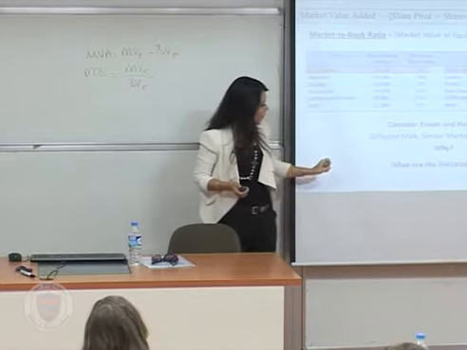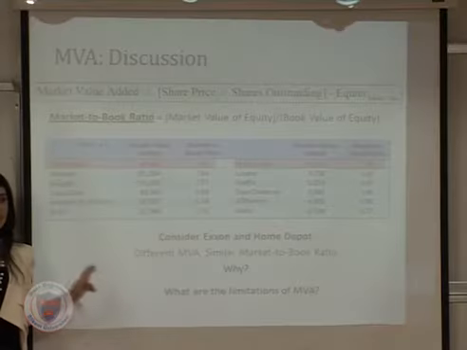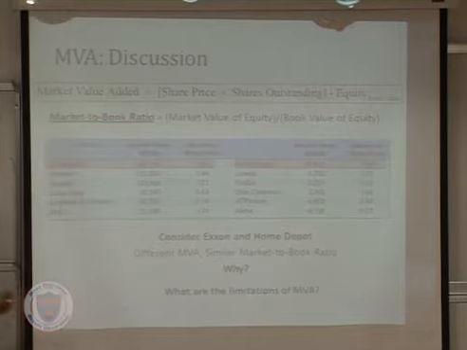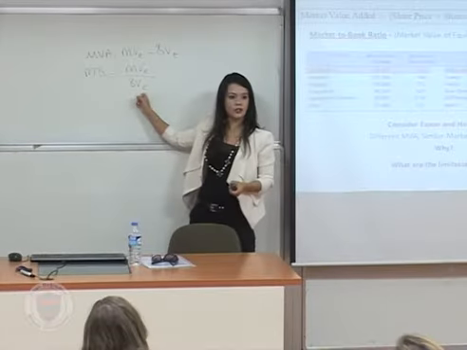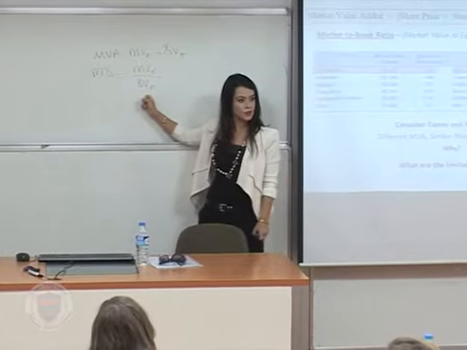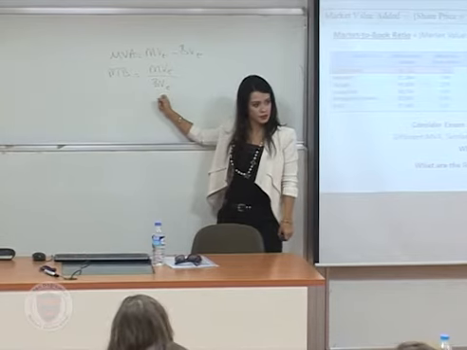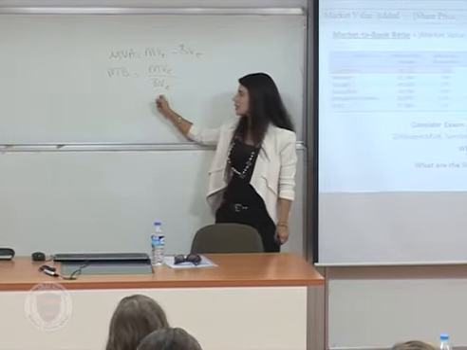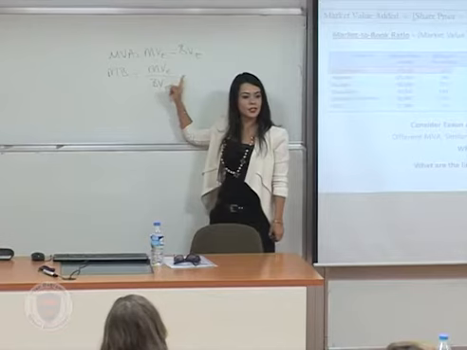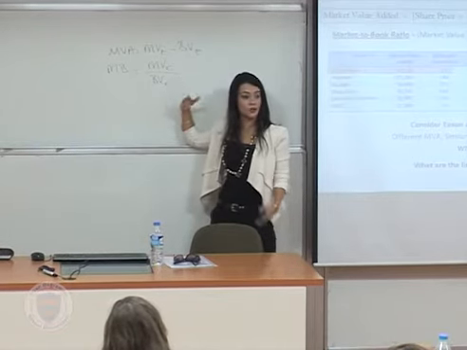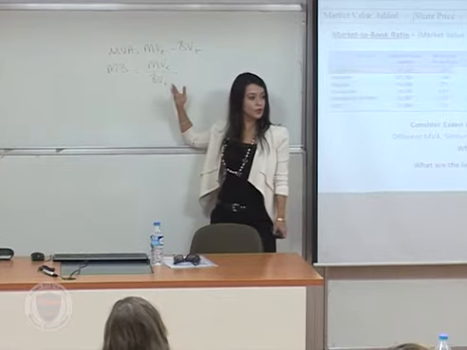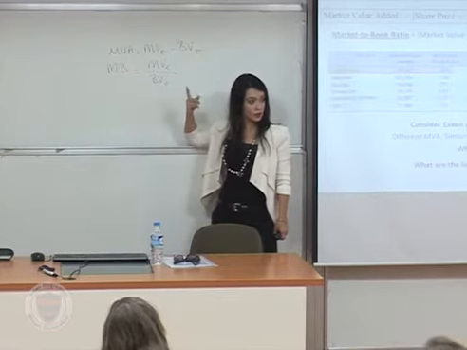Okay. The problems we have with market value added are a couple. One is, first of all, in the book value of equity part, it's accounting numbers, so there might be mistakes with this. But even if there's no mistakes, in the market value part, it's all about expectations. So if the expectations of the people is wrong, market value of the company will be wrong. That's the one limitation.